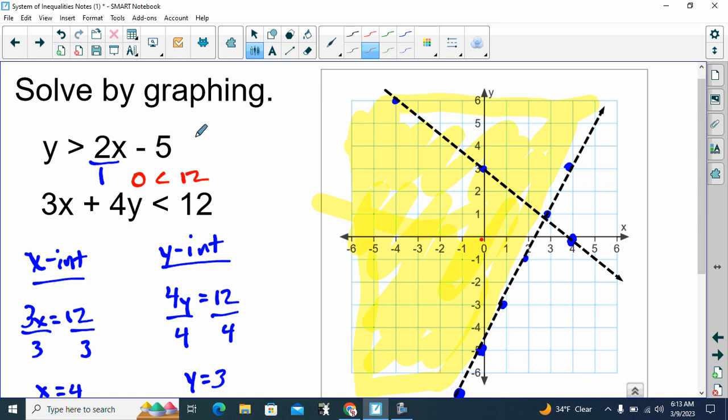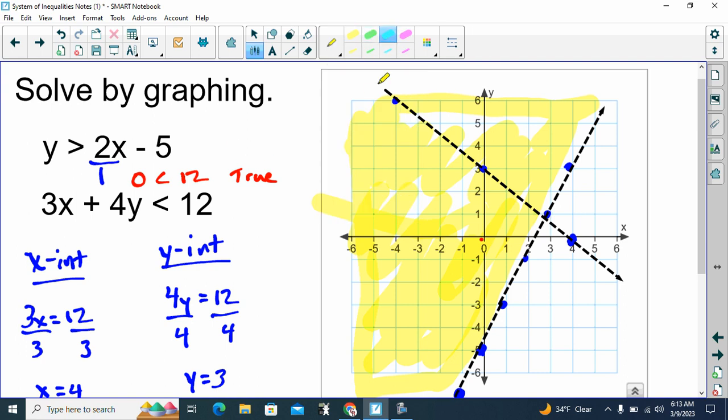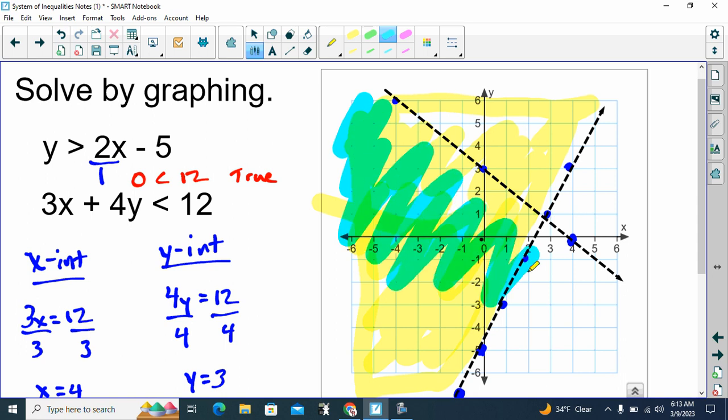That is true. 0 is less than 12, so I want to shade in towards 0, 0. Now remember, it was this line right here, so towards 0, 0. So if I shade in towards 0, 0, that's all of this shading down here and over here.